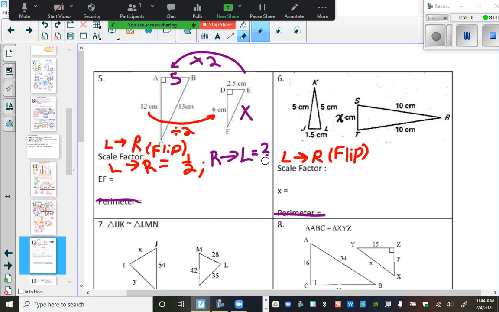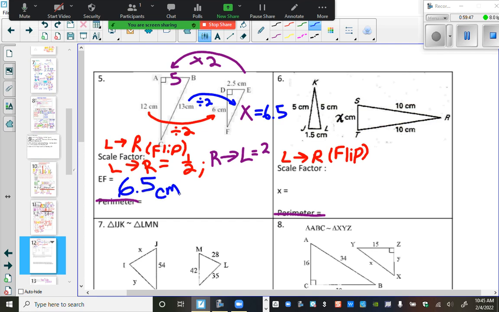So EF would be 6.5. Perfect. She nailed it. That's the quickest way you can go. Divide by 2, 13 divided by 2, 6.5. Excellent. Say centimeters. But that's excellent work.